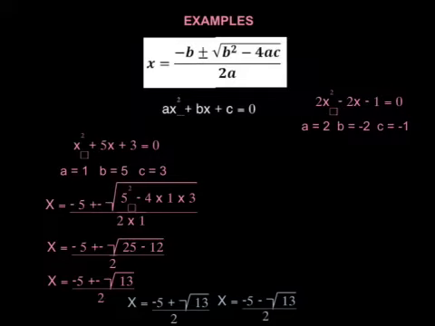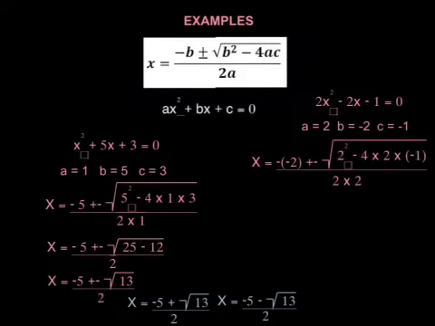Now we're going to substitute that into the quadratic formula, just like we did in the last question. When substituted in, we should get minus minus 2 plus or minus the square root of minus 2 squared minus 4 multiplied by 2 multiplied by negative 1, all over 2 times 2.